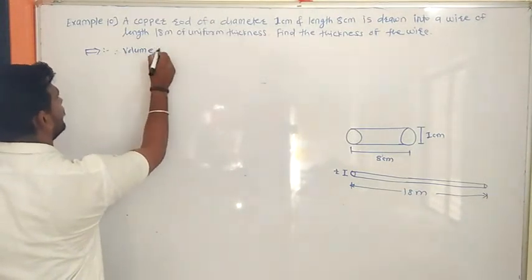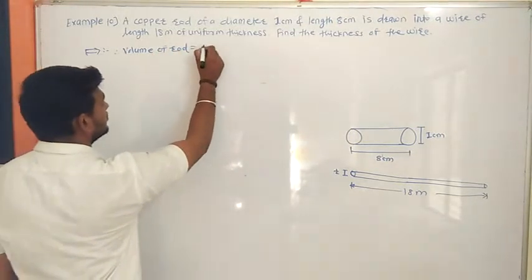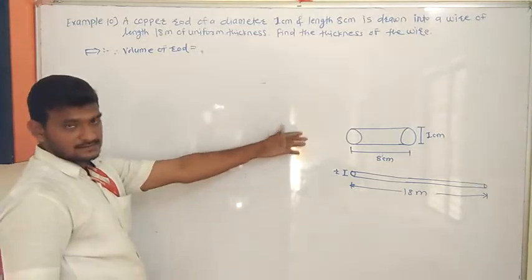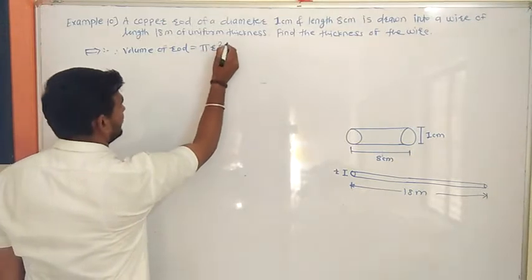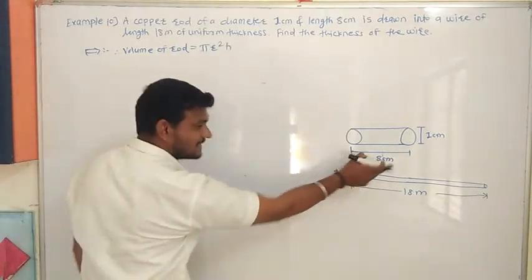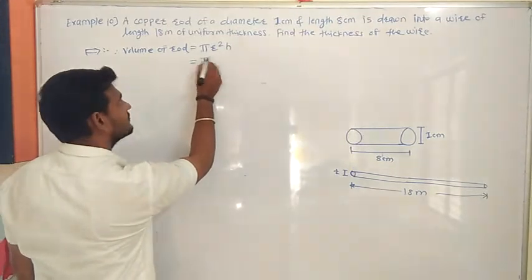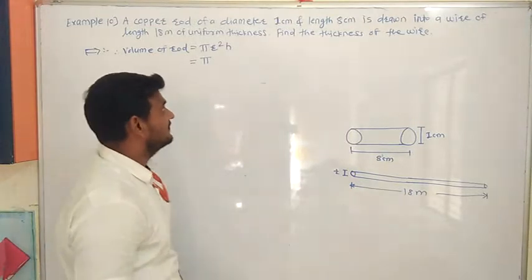Therefore, volume of rod is equal to, what is the volume of rod? It is simply the volume of a cylinder. What is the formula? Pi into r square into h. Here h is the length. Put pi as it is, because next also we have to use it.